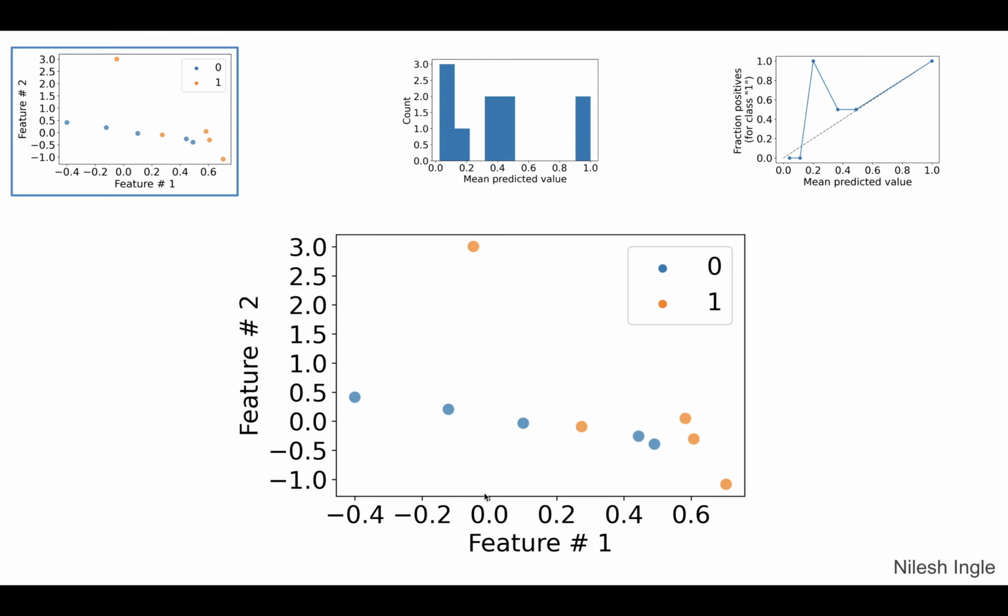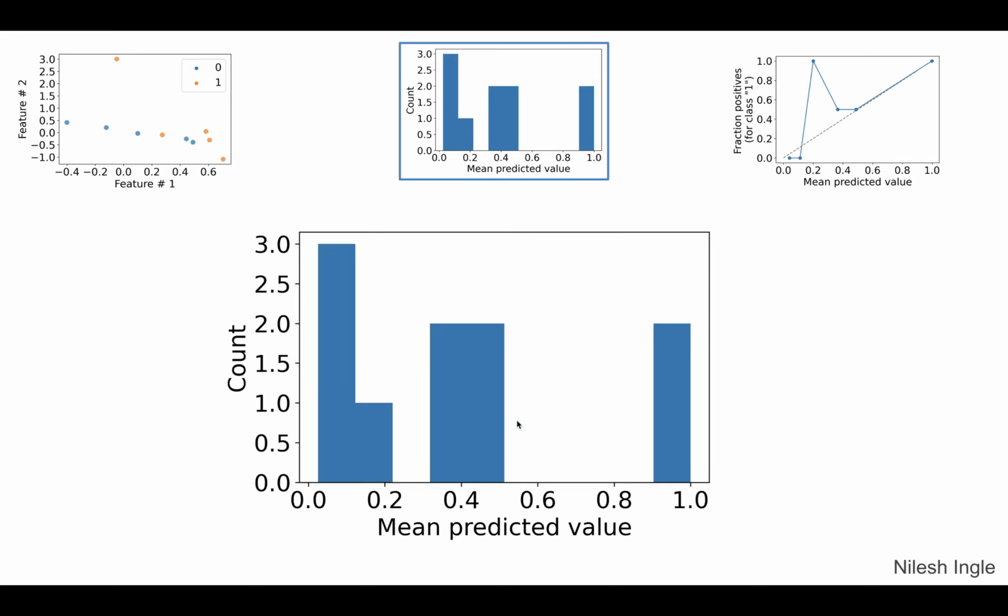Now when we fit a classifier on this and get the predicted probability values, this is the type of histogram we get. Because we have very few data points, the histogram is not continuous, so it's broken, but that's okay. We'll look at another example in a few coming up slides.